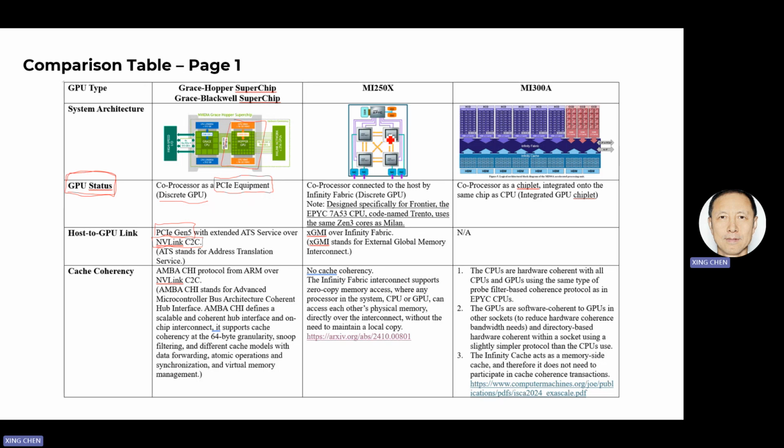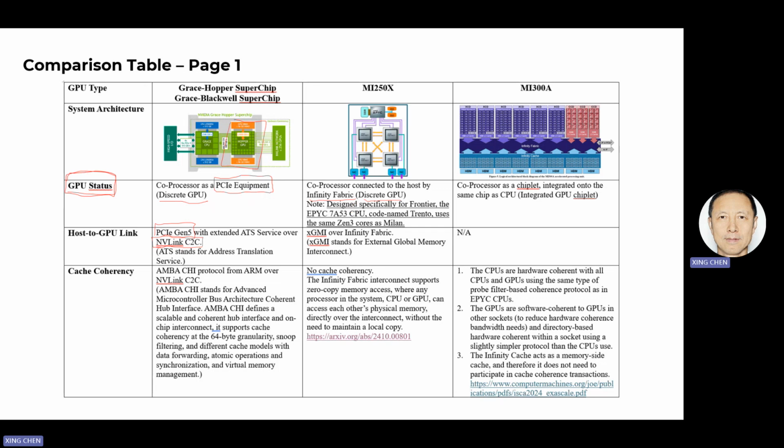Now we move to MI250X. It is connected to the host by Infinity Fabric. It is still a discrete GPU, but it is connected to the system by the Infinity Fabric. Okay, so by function it is the same.